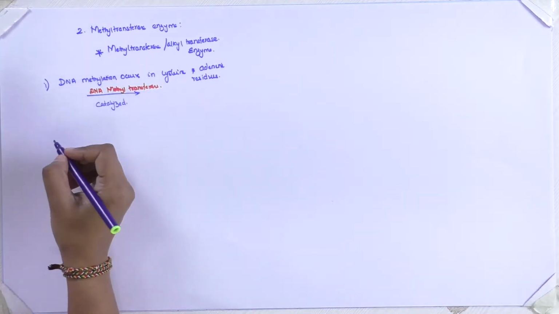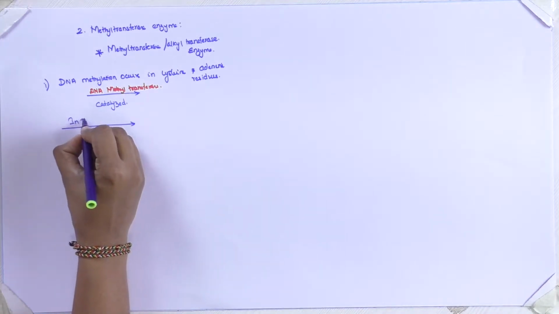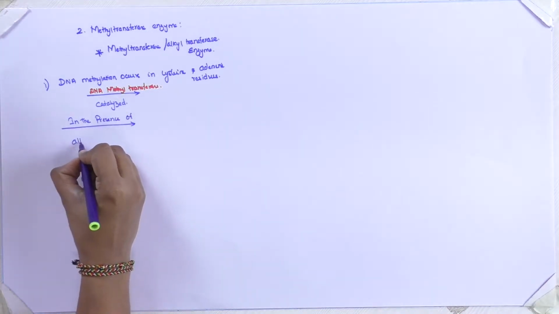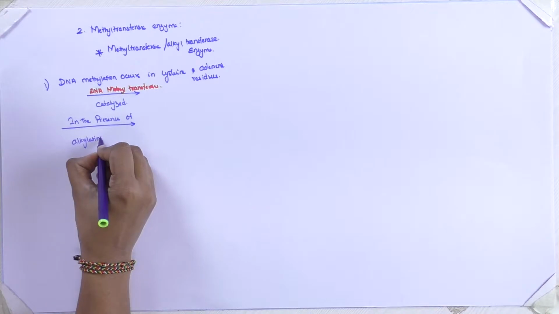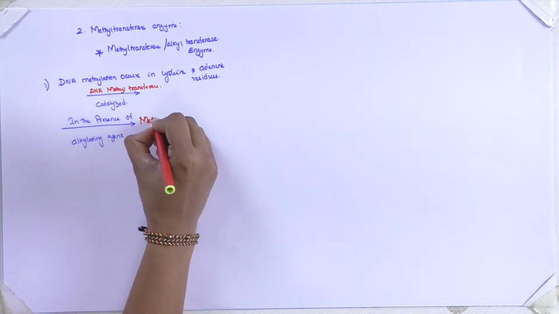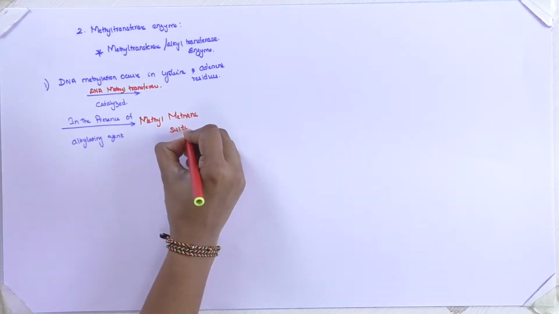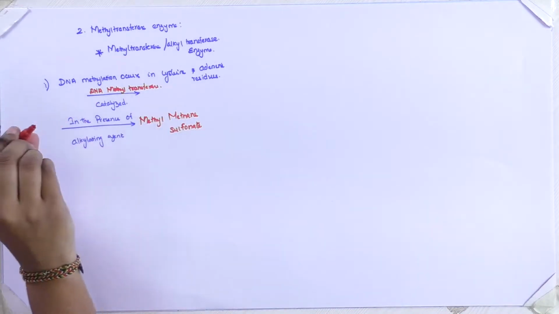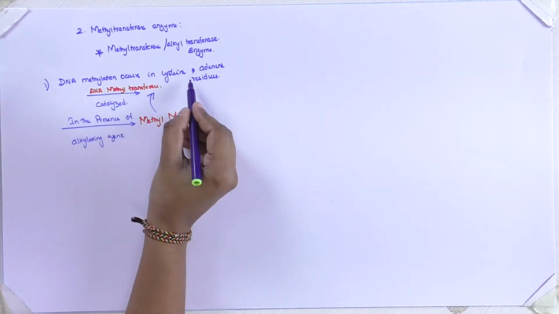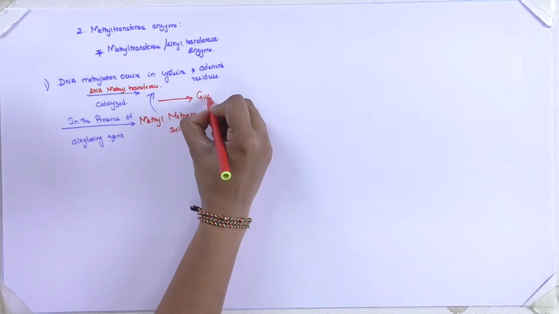But in the presence of an alkylating agent, for example methyl methane sulfonate, this DNA methyltransferase enzyme, instead of catalyzing the cytosine and adenine residues, is going to catalyze the guanine residues.